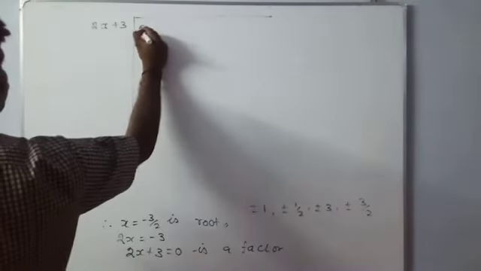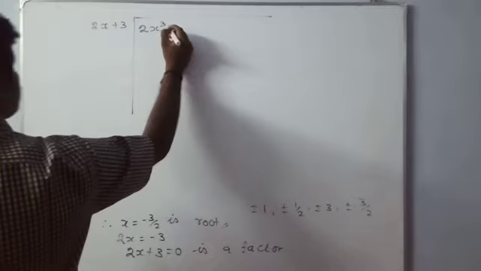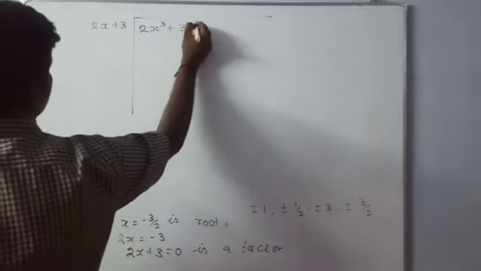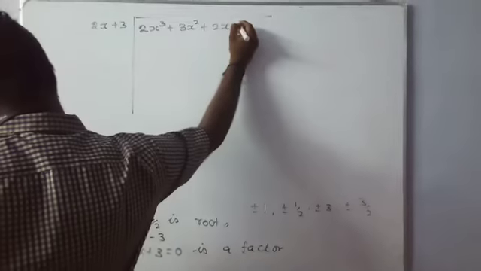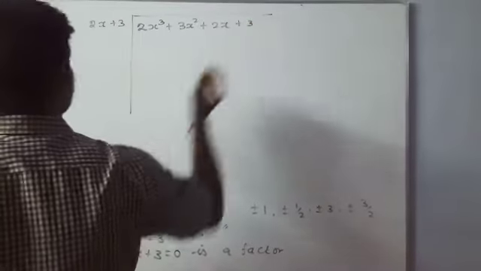What is the polynomial? 2x cube plus 3x squared plus 2x plus 3.